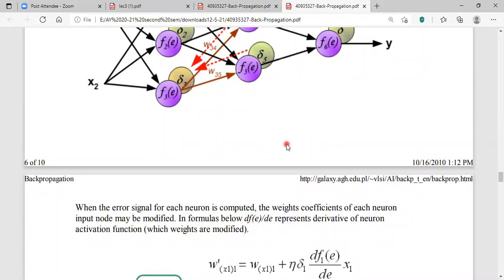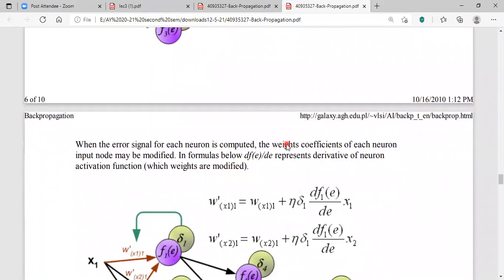In order to update the weights of each neuron, you use the formula W new, where W dash indicates the new value, equal to old value plus eta into delta 1 and the derivative of your activation function into x1.